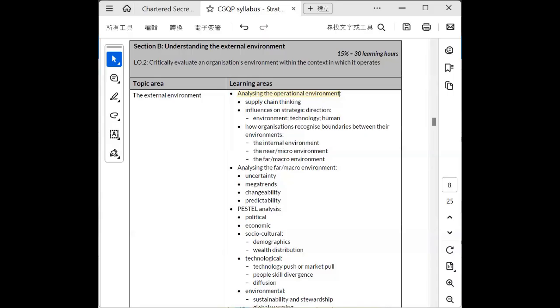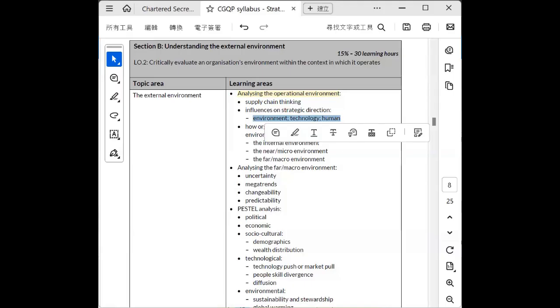It enables better collaboration with the suppliers and partners. You can foster innovation and resilience across the supply chain. The strategic direction is shaped by the external environment, technology, and human factors. The external environment includes the market trends, competition, regulatory pressures, which determine the opportunities and threats.